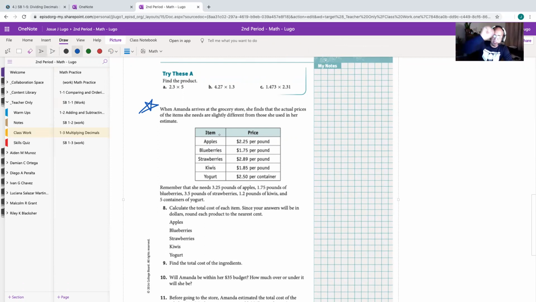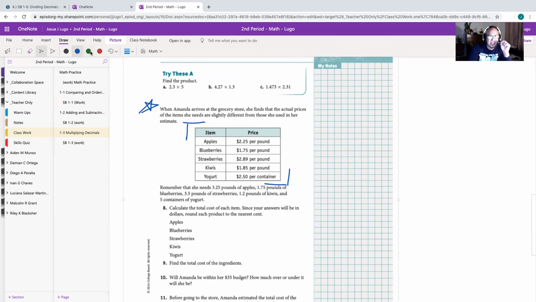So she had an estimate above in another problem, but this is what is important here, this table. So for apples, it's going to be $2.25 for each pound. So if she buys 1 pound of apples, it's going to be $2.25. If she buys 2 pounds, we multiply that times 2. 3 pounds, you multiply times 3, etc. Blueberries, strawberries, kiwis, and yogurt, which is $2.50 per container.